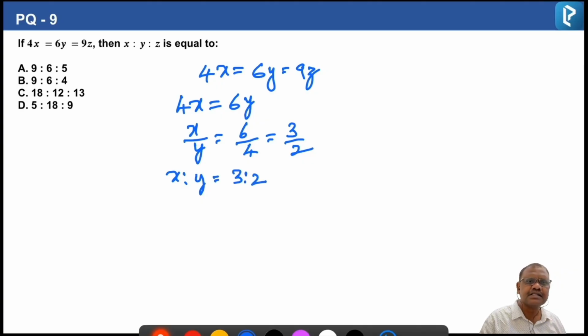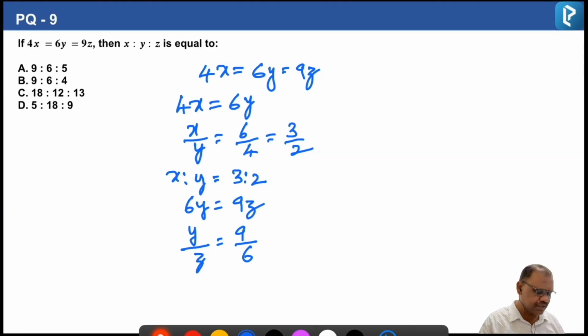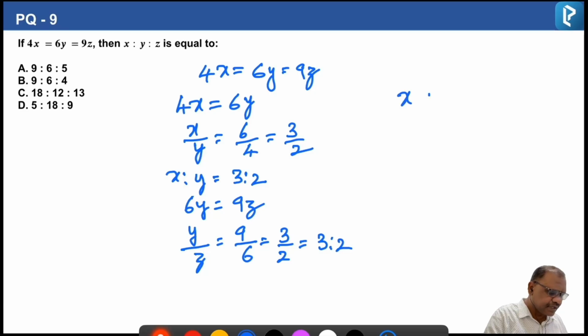If you consider the second and third terms, 6y is equal to 9z. If you transpose variables to one side and constants to the other side, y by z is equal to 9 by 6. So 3 threes, 3 twos. That means this is equal to 3 is to 2. Since we know the two ratios x is to y and y is to z, we can combine them. x is to y is 3 is to 2.